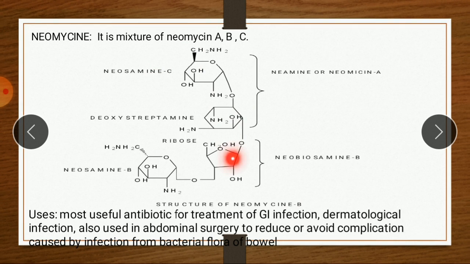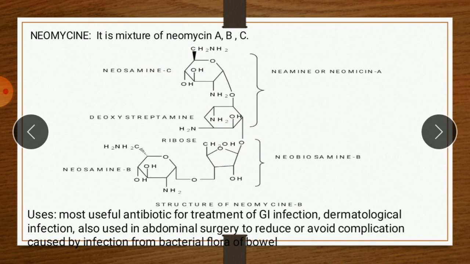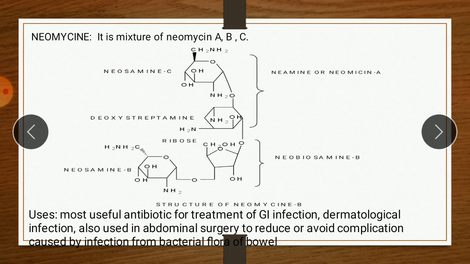The third ring is the pentose sugar ribose. And the last ring is Neomycin B.